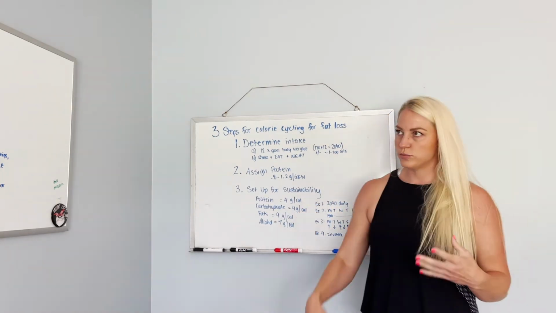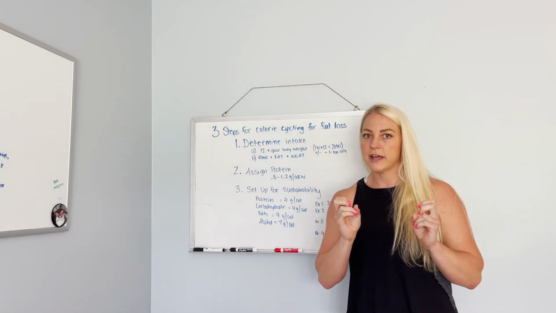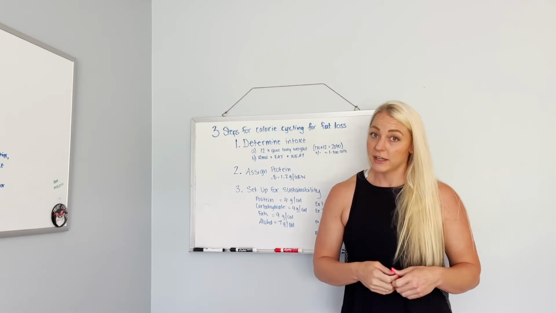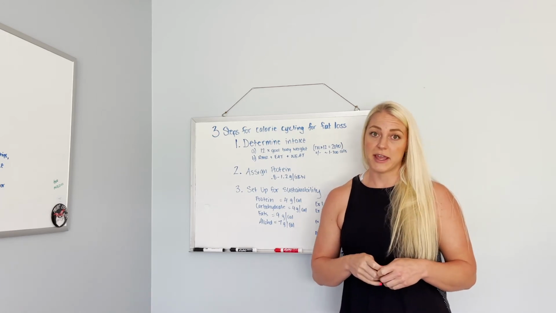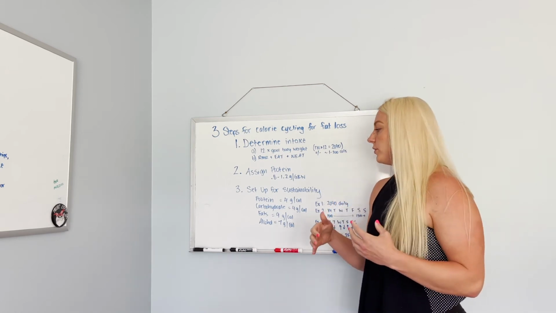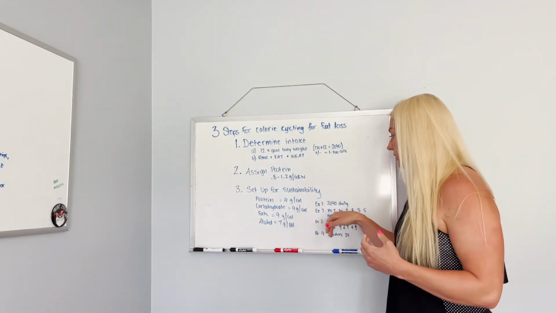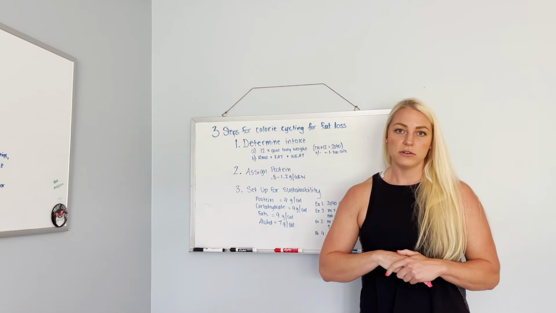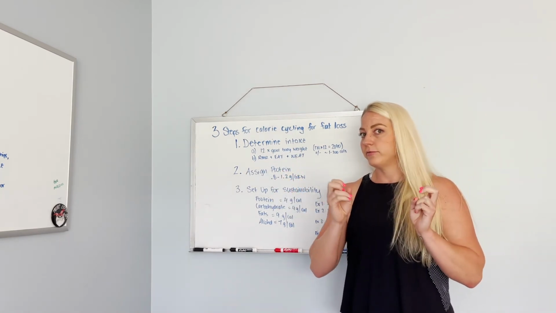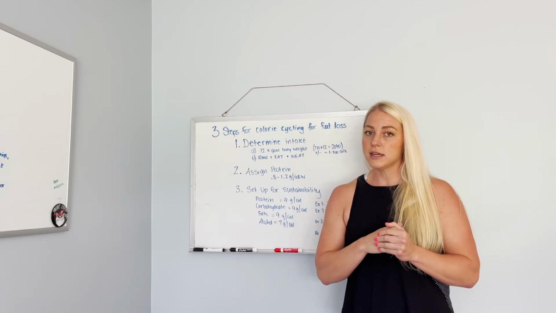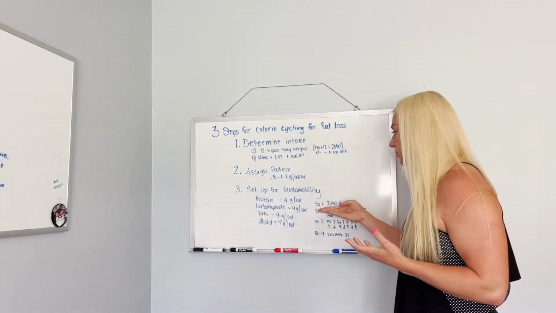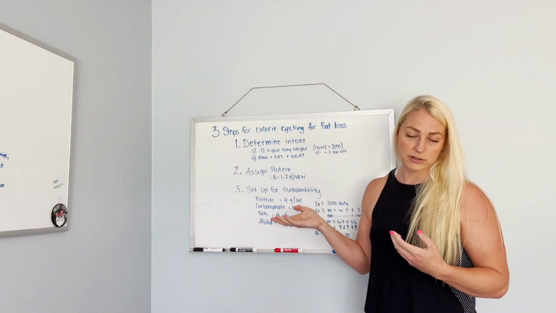Example 2 is more geared towards your weekend warrior mentality, or maybe you're just super busy through the week and you don't feel like eating as much, or you don't have the time to get that much nutrition in you, okay? For the sake of example, you would keep the same calories Monday through Friday, and then increase them Saturday and Sunday to make up for what was lost during the week, still netting the same deficit as if you were to do 2,040 every single day of the week.